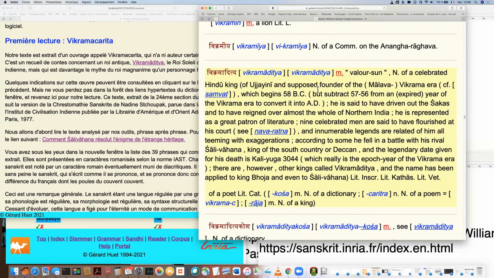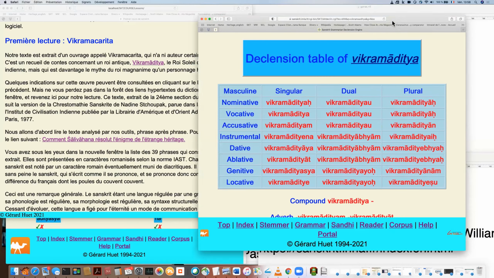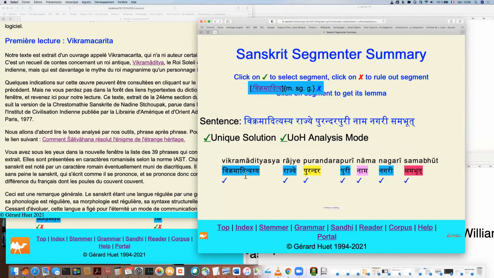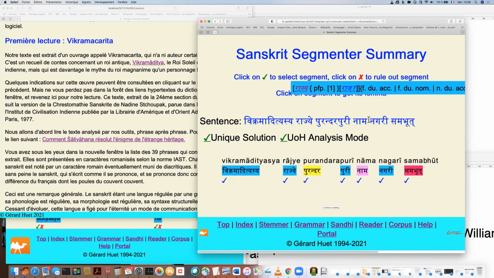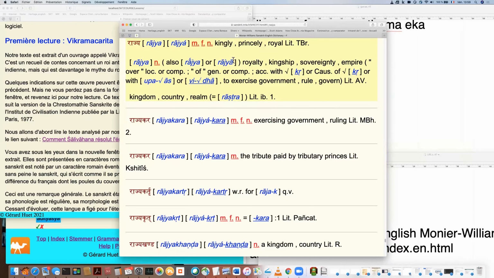Okay, so Vikramaditya in the sixth, Shashti. Yes, I'm going very slowly in all details here, trying to justify, okay? So this is a genitive, Shashti, so it means of Vikramaditya. And Rajya is from Raja, which is realm, kingship, sovereignty, empire, rule, government. It's the realm.